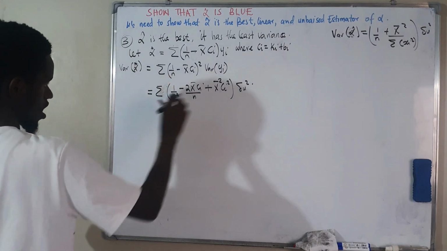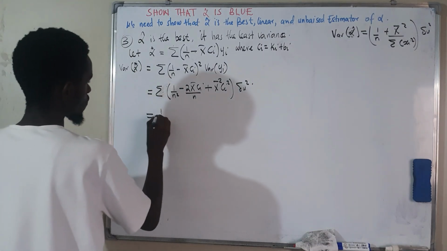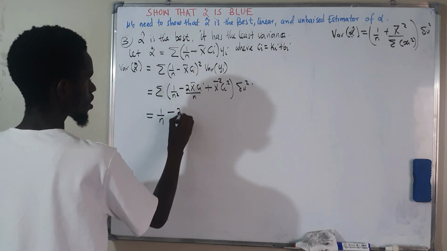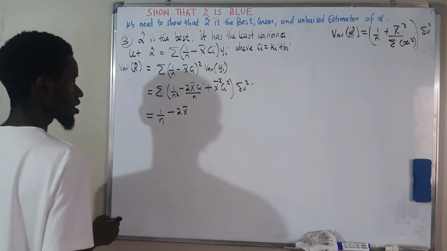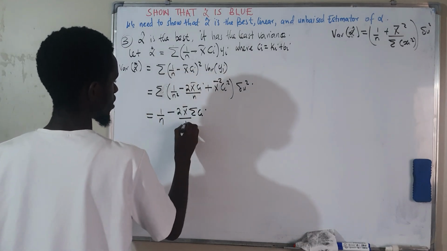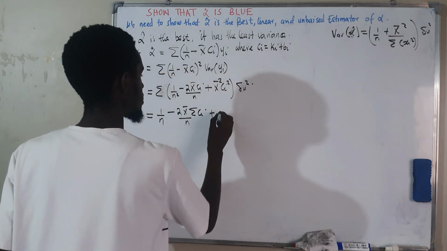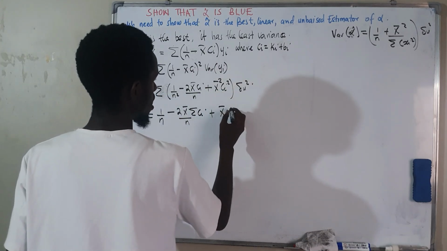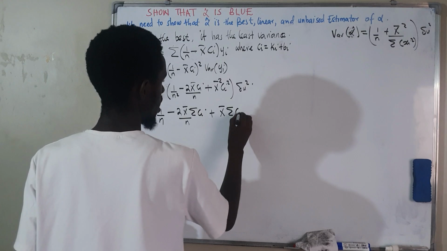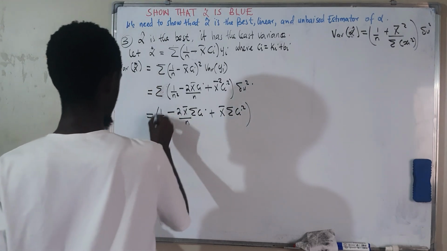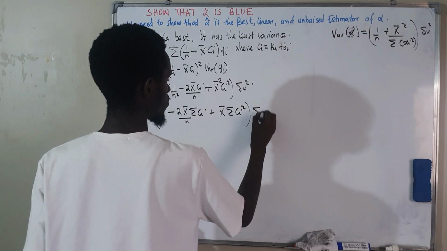Now if I enter the summation inside, we have 1 over n, remember we did this first, then minus 2 x bar summation of ci over n, and then plus x bar squared summation of ci squared, everything times sigma u squared.